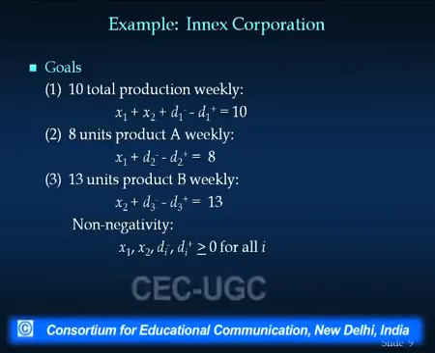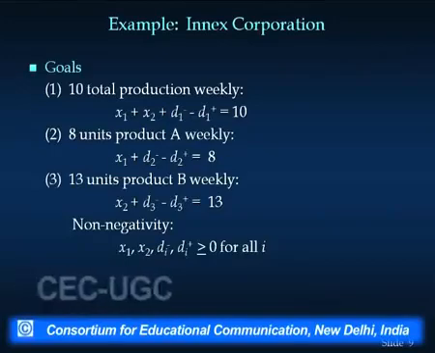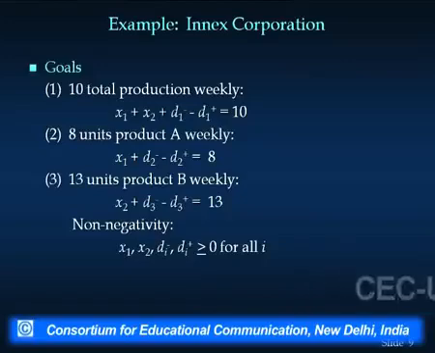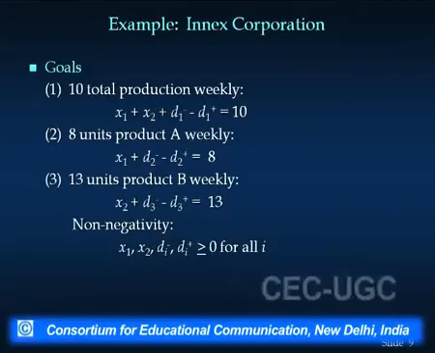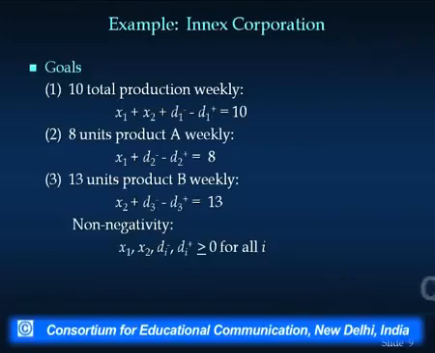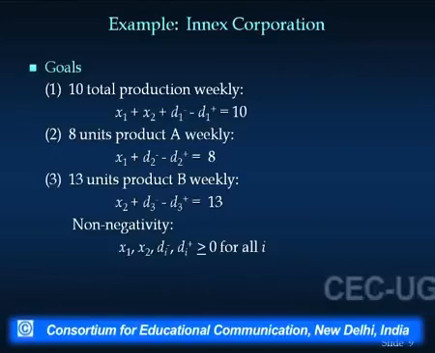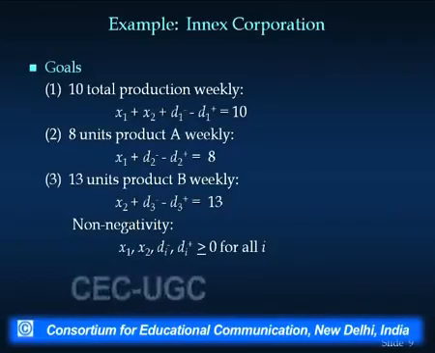Now what are we going to minimize? We have to see whether it is D1 minus or D1 plus which is to be taken into account. We are worried about the underproduction. We are not worried about the overproduction. In all these three priorities or three goals, we are worried about underproduction. So underproduction is given by D minus. First equation D1 minus, second equation D2 minus, and third equation D3 minus.